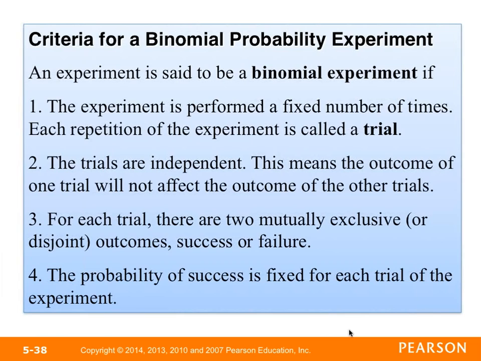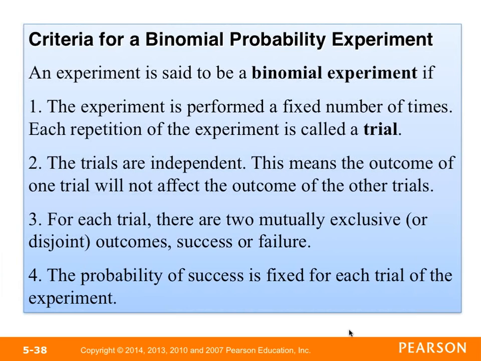So the first thing we want to talk about is the actual criteria for a binomial probability experiment. If you want to determine if something's binomial, you have to first understand what binomial means. An experiment is said to be binomial if the following are true. First is that the experiment is performed a fixed number of times. Each repetition is called a trial.